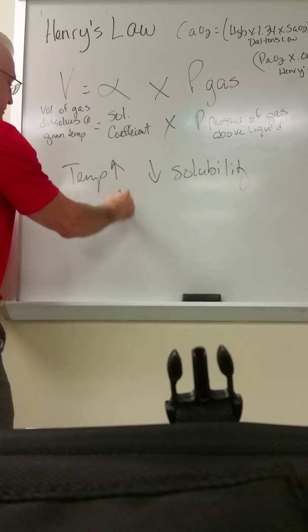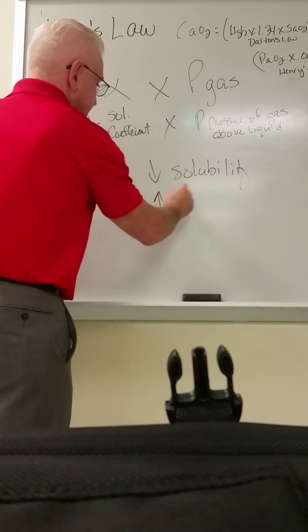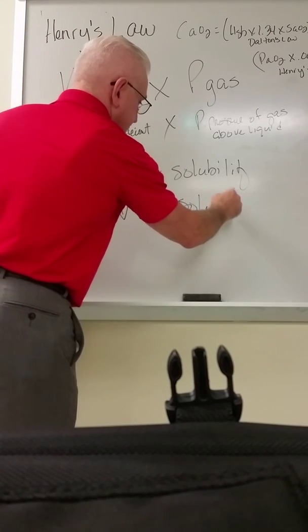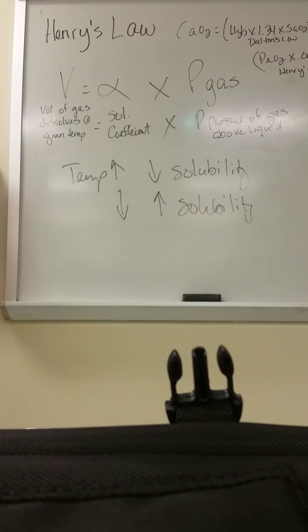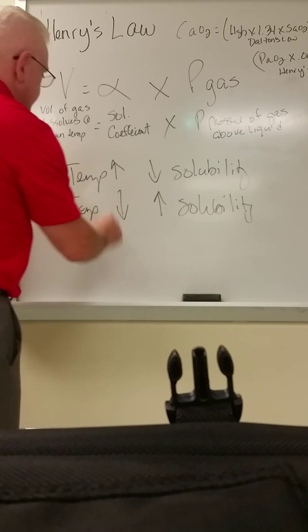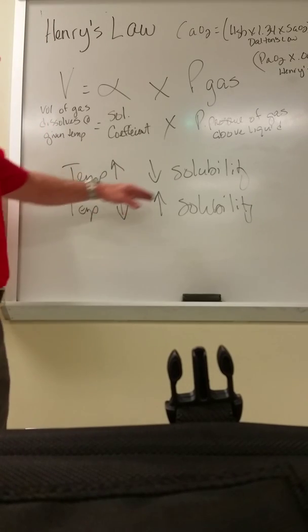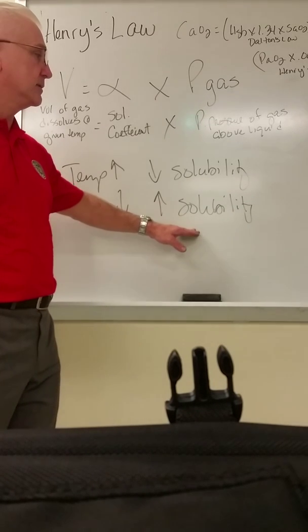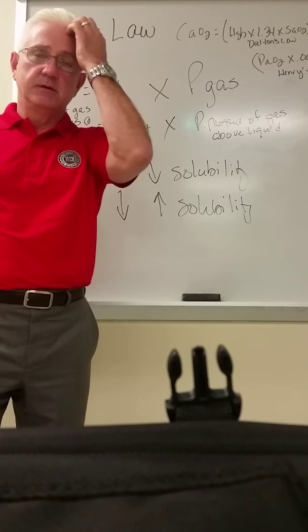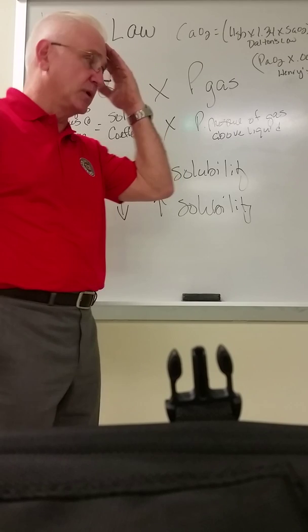And as temperature decreases, the solubility increases. Okay. So, we know we have an inverse relationship with temperature. Temperature increases, solubility decreases. Temperature decreases, solubility increases. Well, what's that mean? How is that important?